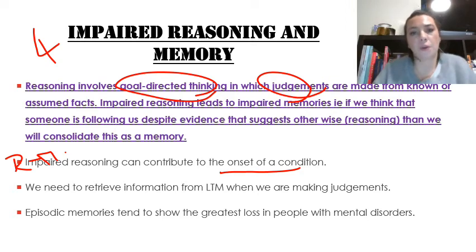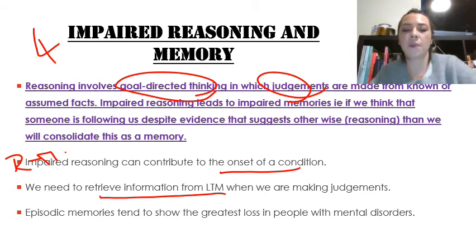Now, I've already spoken about how impaired reasoning can affect memory, but we also know that if we have impaired memories, this kind of leads to another bit of a feedback loop, in so much as we need to retrieve information from long-term memories when we're making judgments.